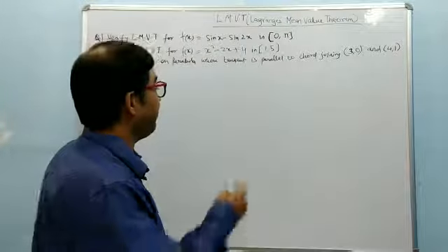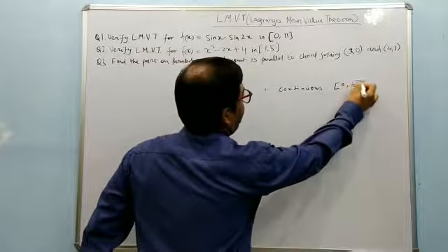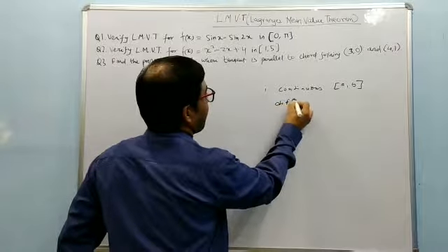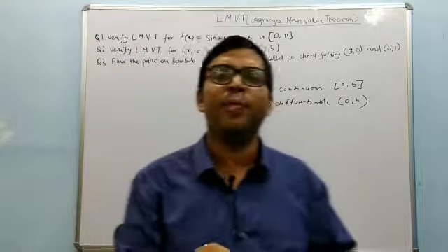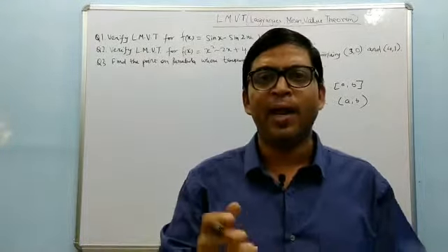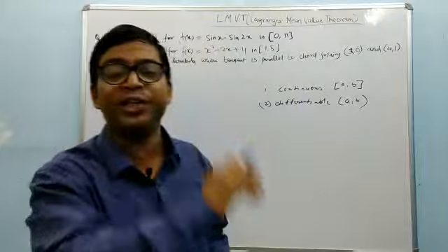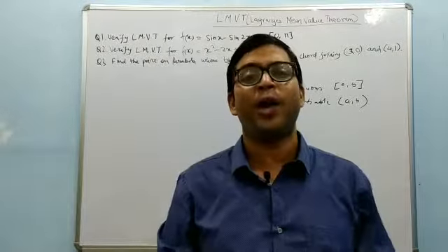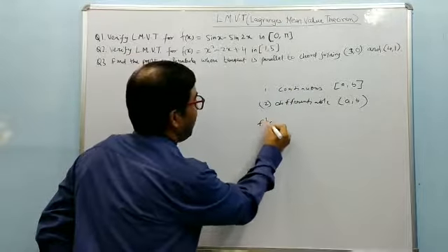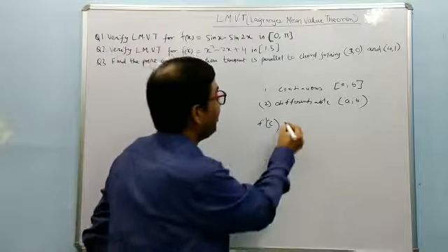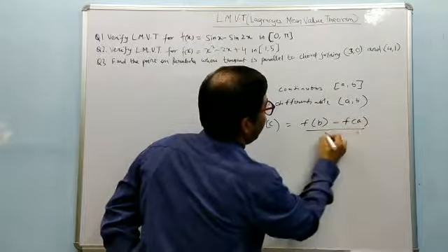Just see, if the function is continuous in [a, b] and differentiable in (a, b), then, what we used to see in Rolle's theorem was continuous, differentiable and f(a) is equal to f(b), but here two conditions are there, continuous and differentiable, then there must be a point between a and b where the derivative at that point f dash c will be equal to (f(b) minus f(a)) by (b minus a).